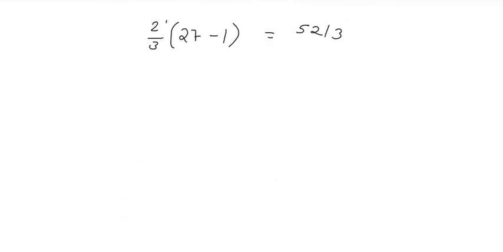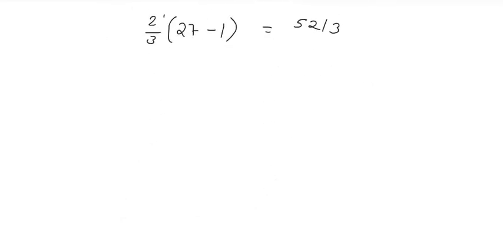Adding these results together, we will get E(X), which is equal to 1 upon 28 times (120 plus 52 upon 3).